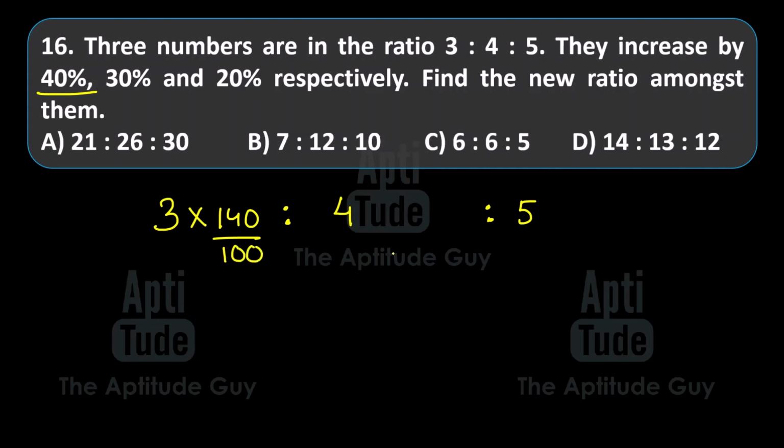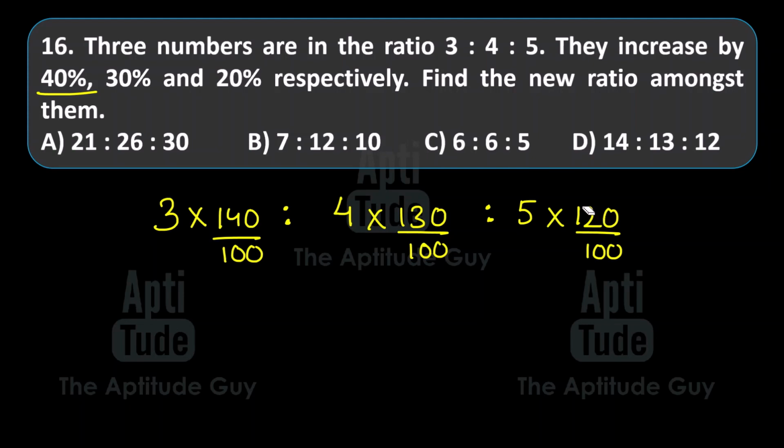So this into 140%. Now 4 increases by 30%, so it becomes 130%. And 5 increases by 20%, so it becomes 120%. Please remember 140, 130, 120. Many people make a mistake and then they just multiply it by 40, 30, 20.